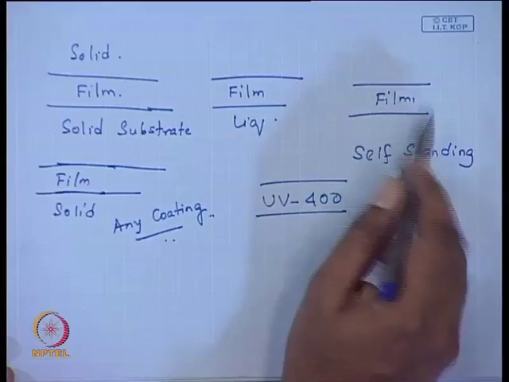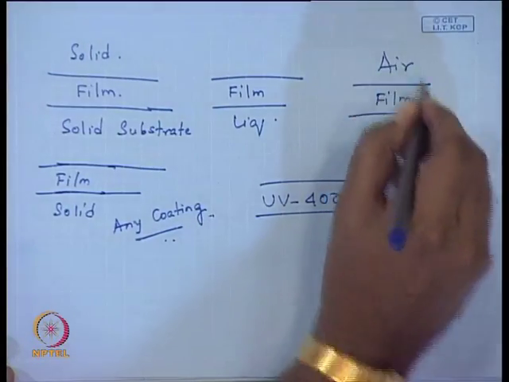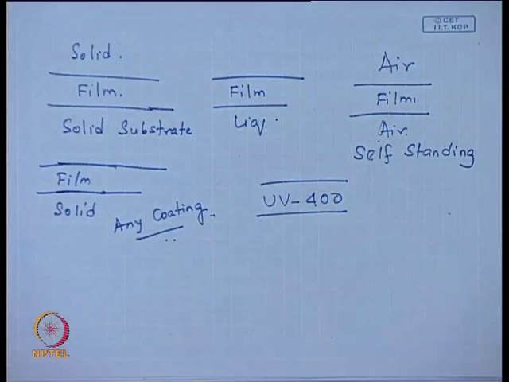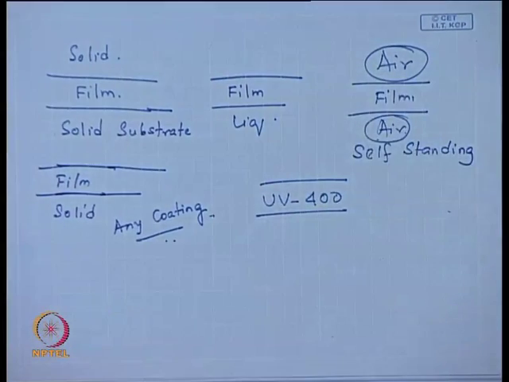Now, you might be surprised how a thin layer of film can be self-standing. So, you have air on this side and you also have air on this side. Well, this is not rocket science, and in many cases you actually know the existence of such a system. I can give you a minute to think over what such a system can be.